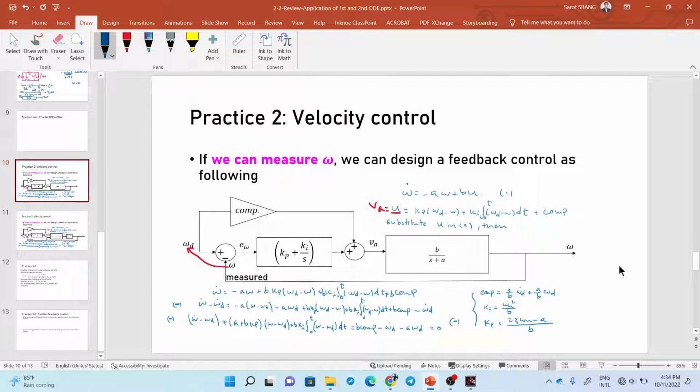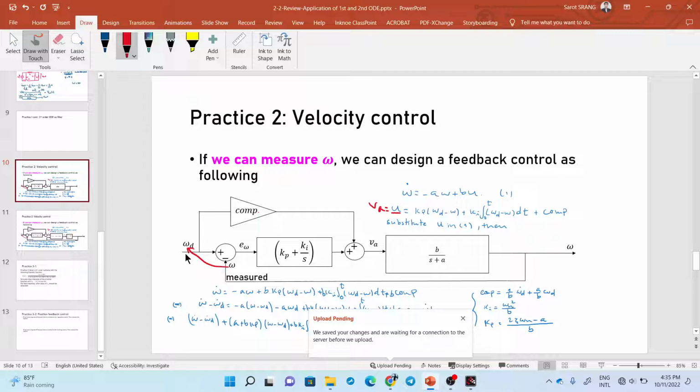So again, here we can use the property of first order and second order differential equations to design a controller for systems such as a DC motor. Suppose we can measure omega, which is angular velocity here, and then we use feedback from the measured value.